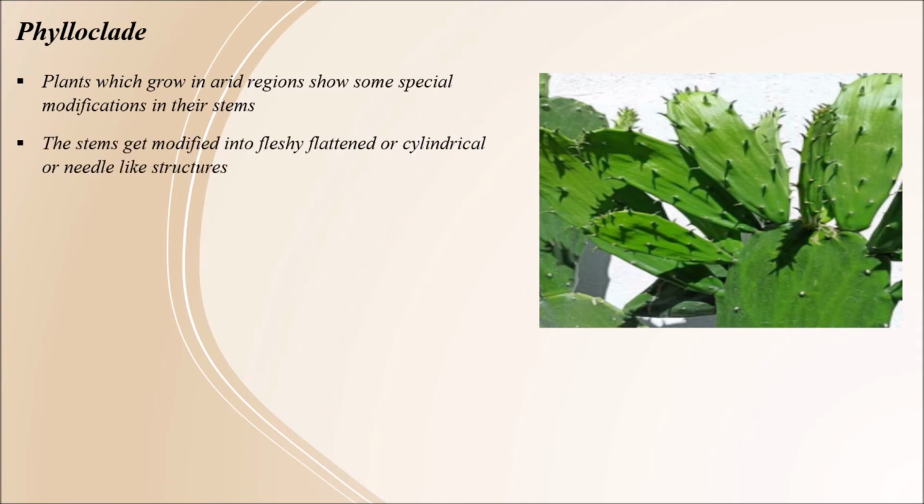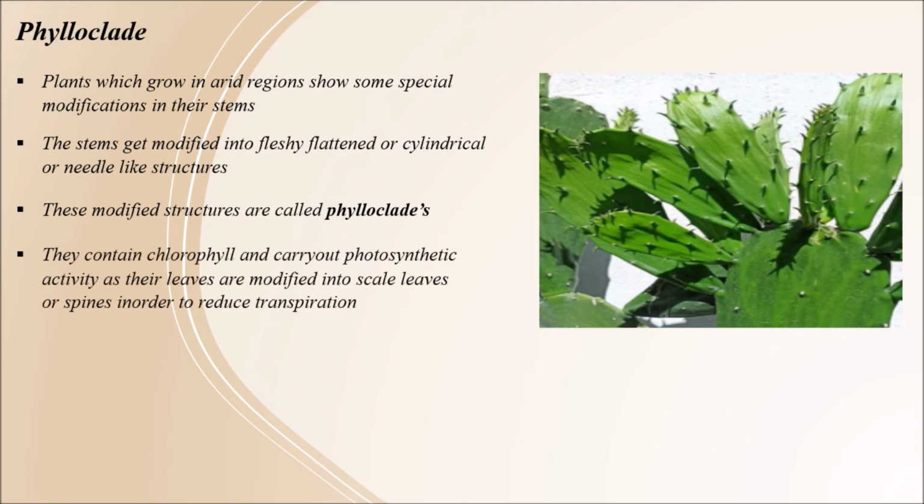Generally, in this type of modified plants, the stem gets modified into fleshy flattened structures, fleshy cylindrical structures or needle-like structures, which we call Phylloclades.